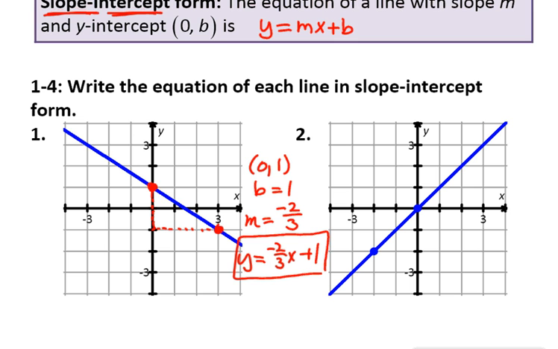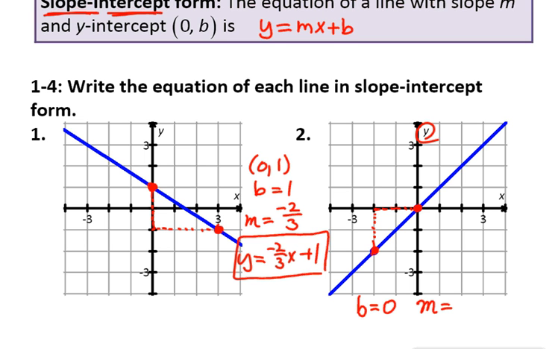Line 2, again, observe where the points are. Here's this first one, which is on the y-axis. So there's the y-axis. So that's my y-intercept. So my y-intercept is 0. So b is equal to 0. The slope from one point to the other, I'm going to go up 2, to the right 2.